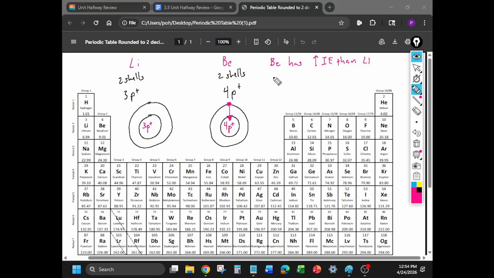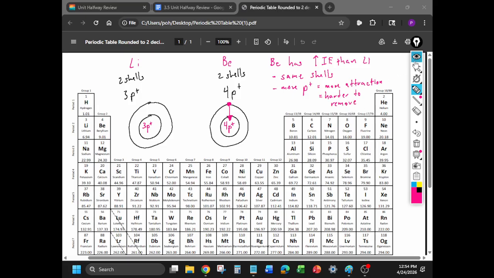Okay, and the reason why is, first, it has the same number of shells, but it has more protons. Okay? If it has more protons, there is more attraction with the electron, and so it is harder to remove the electron.